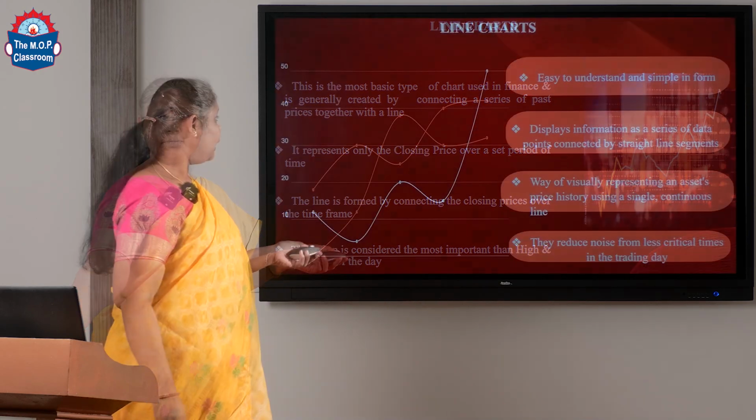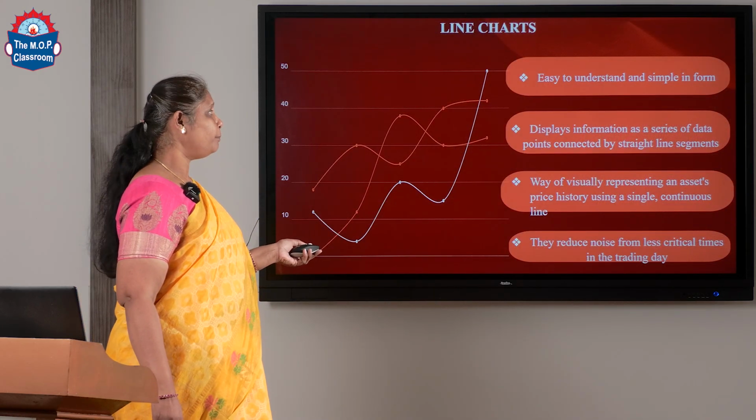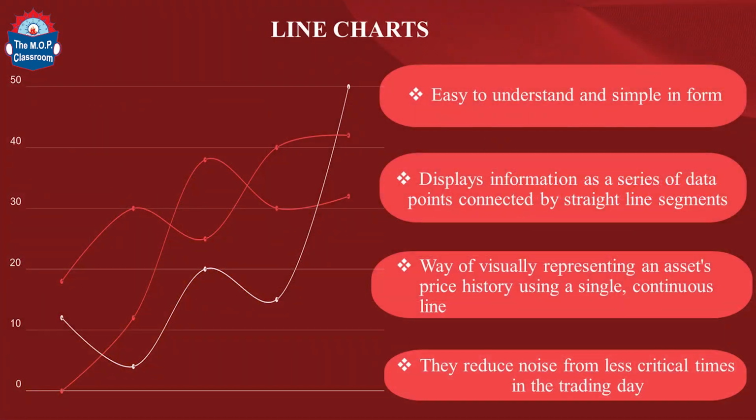Line charts are simple in form and easy to understand. They display information as a series of data points connected by straight line segments. It is a way of visually representing an asset's price history using a single continuous line. Moreover, line charts reduce noise from less critical times in the trading day.